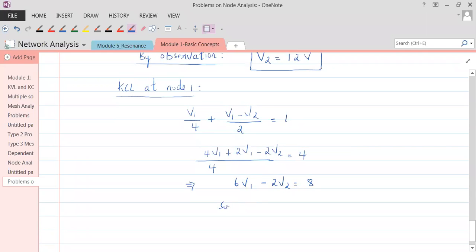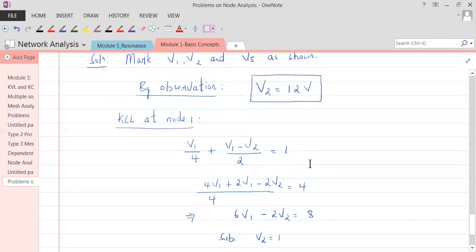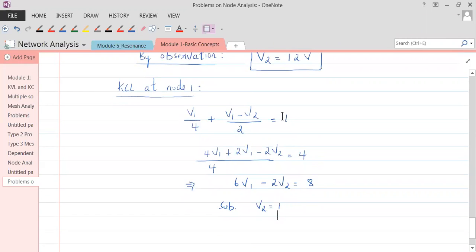Further, substituting V2 equal to... It's not 6V1. How much? 6V1 minus this is how much? Oh, this is 4, sorry. This is 1, right? Anyways, this is 1. So it would be 4.